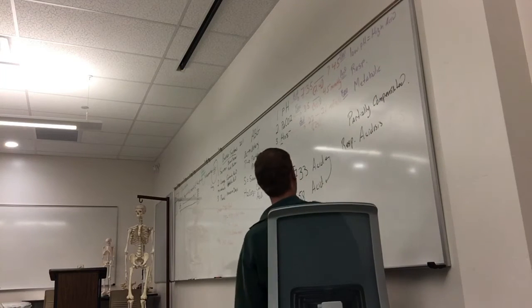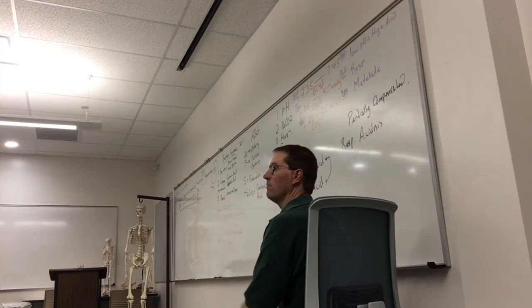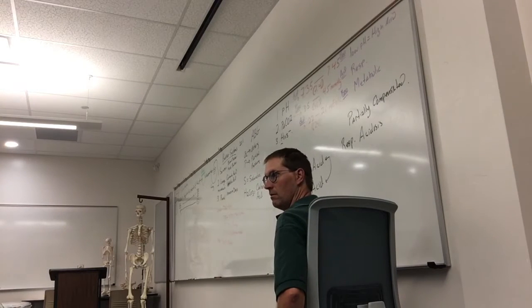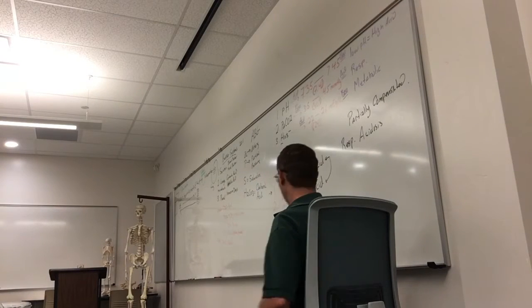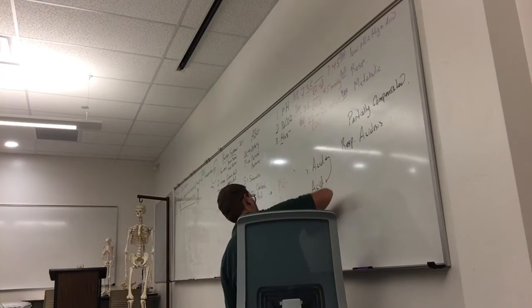All right? There is partial compensation, but because the pH is still abnormal, it's not fully compensated. Does that make sense? You guys cool with that? Okay, cool. Well, let's do another example here.